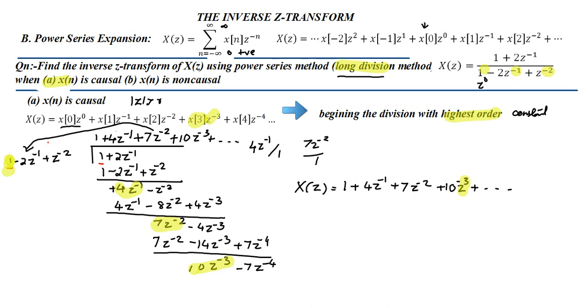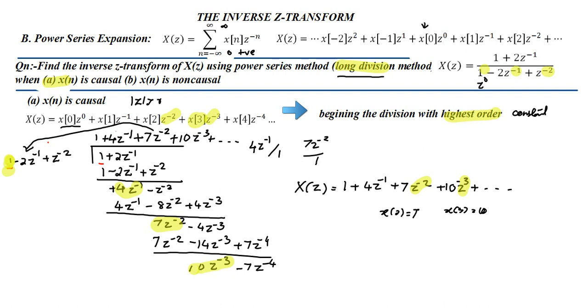So if you compare like this, you get x3 is equal to 10. And if you compare another term, z raised to minus 2, here also z raised to minus 2, that term corresponds to the coefficient x2, which is equal to 7.